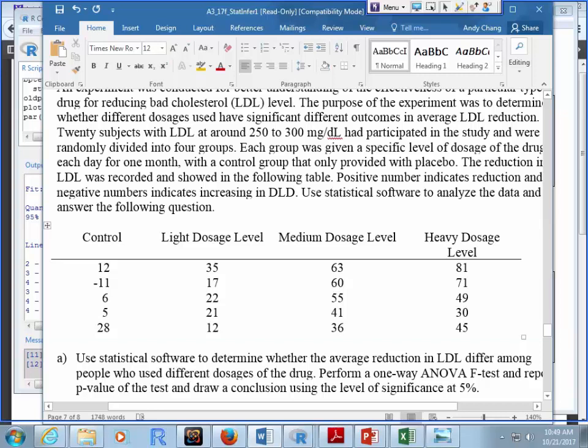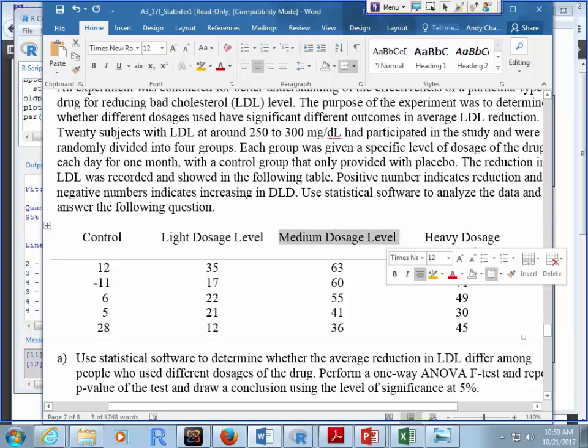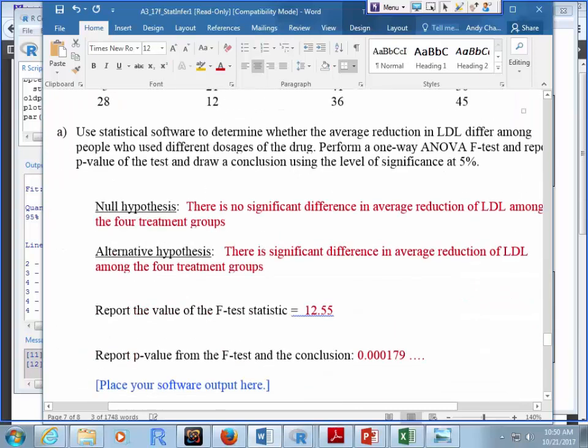So it really depends. If there's some side effect from these drugs, and the medium dosage and heavy dosage give you similar results, you would probably consider using the medium dosage instead of the higher dosage. Here it's showing that between the medium and heavy dosage, the difference is not significant.